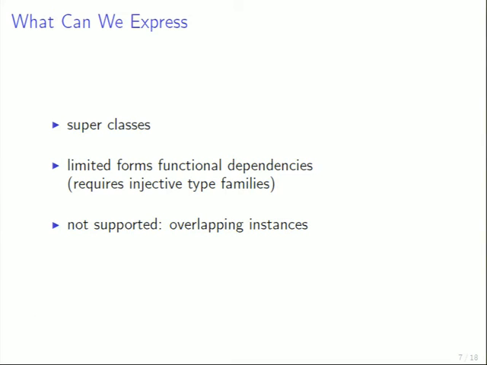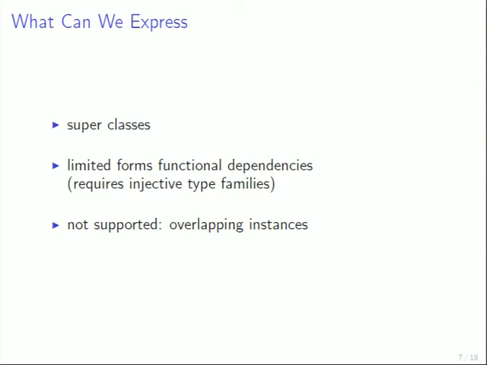We can also do other stuff. We can encode superclasses like this. We find that in the paper, and also limited forms of functional dependencies, which in fact requires injective type families, which we have seen yesterday. And they're limited because we've seen yesterday that there's this connection between injective type families, in particular these declarations of injectivity, and functional dependencies.